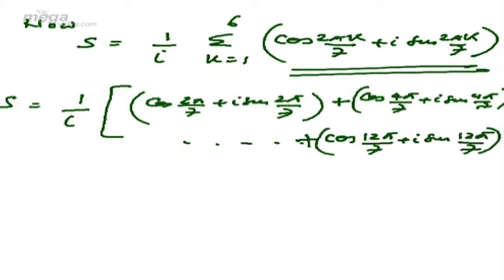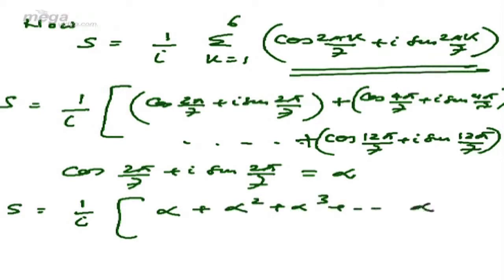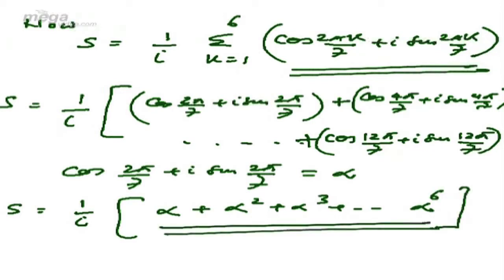Now if we take cos(2π/7) plus i sin(2π/7) equal to alpha, then S will become 1 by i times (alpha plus alpha square plus alpha cube till alpha to the power 6). This is a GP, geometric progression.